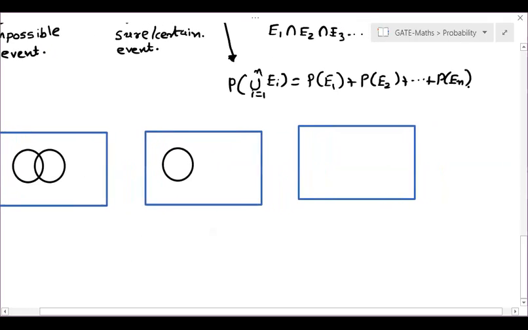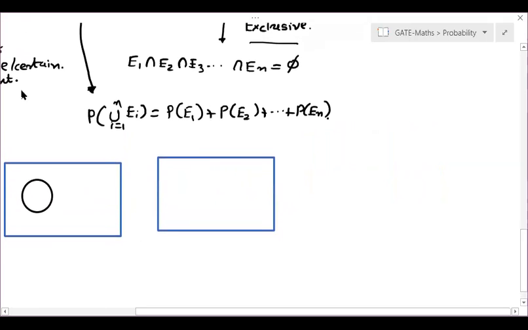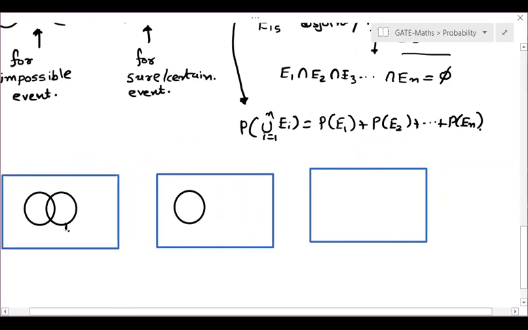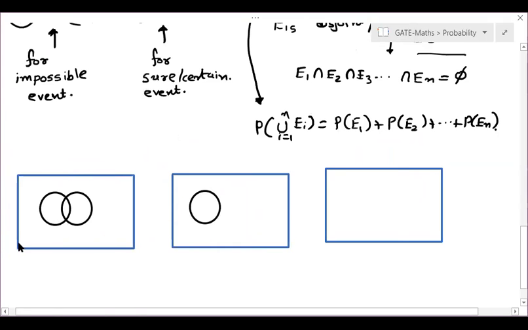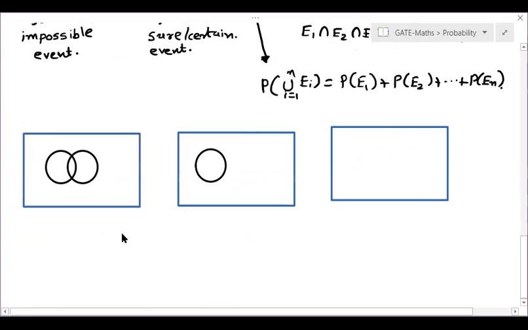My mouse has stopped working. Give me a minute. I'm not able to drag this.